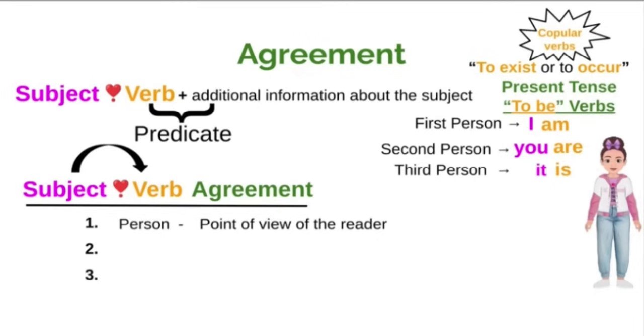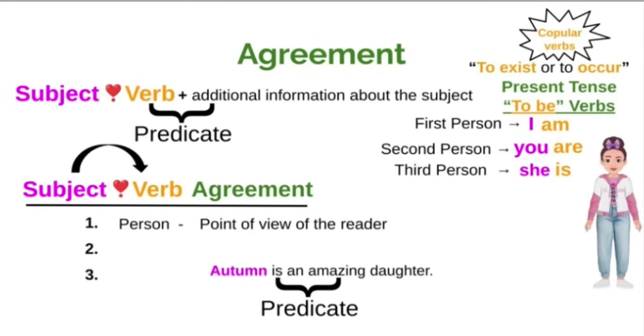Here we have a sentence. Autumn is an amazing daughter. Autumn is the noun or the subject of this sentence. The predicate, what's a predicate again? Including a verb plus additional information about Autumn. So we're using the third person singular verb that agrees with the subject.